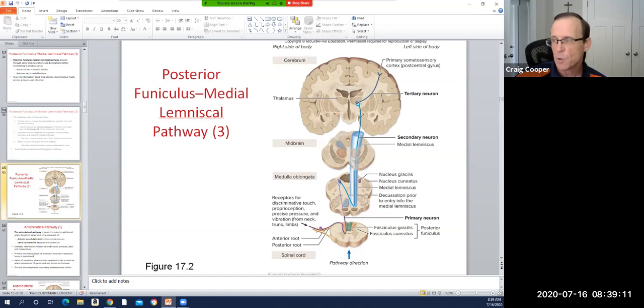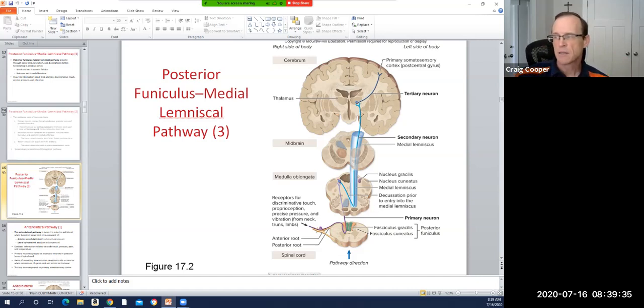In the medulla, there's a neuron cell body that the primary sensory axon synapses with, and that's where it's going to cross over. It's going to decussate at the pyramids in the front portion of the medulla, and then it's carried up on the opposite side through the remainder of the brain stem and midbrain.